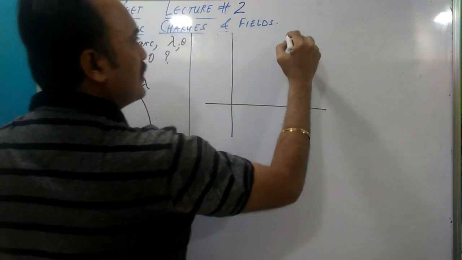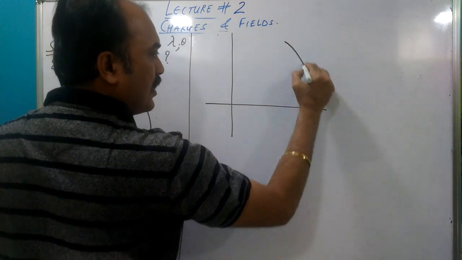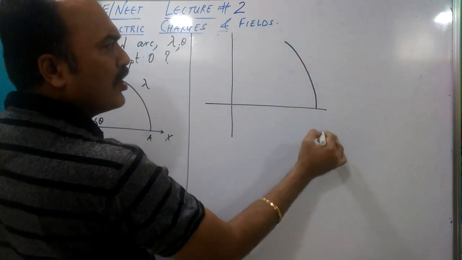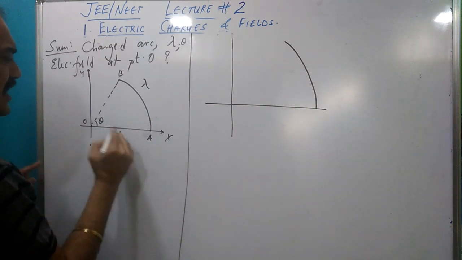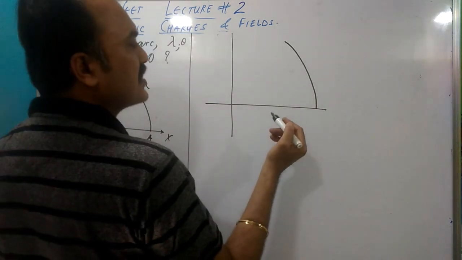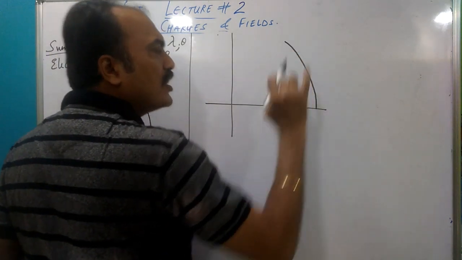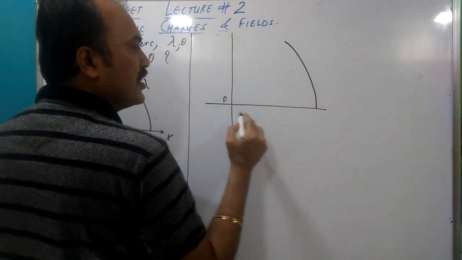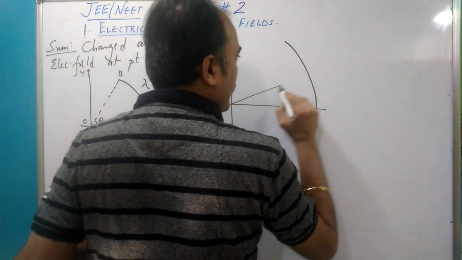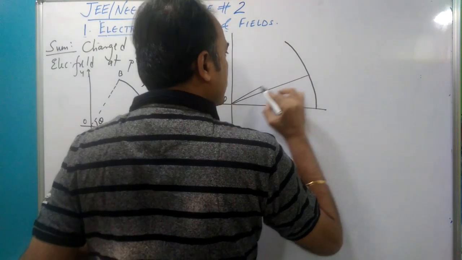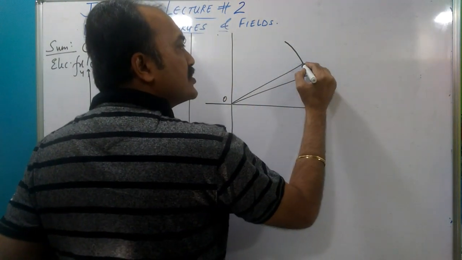This is the idea. I'm not going to use the whole arc. The radius of the arc is R. They have told me that the radius of the arc is R. I'm going to use a small cross section of the arc. Let me use this much.